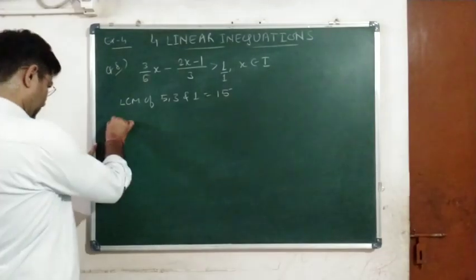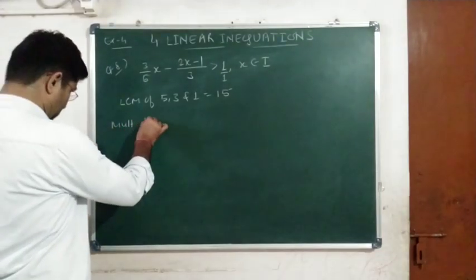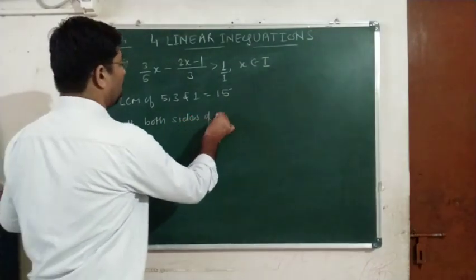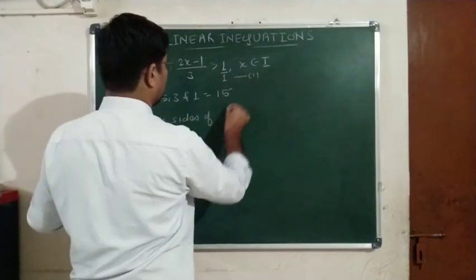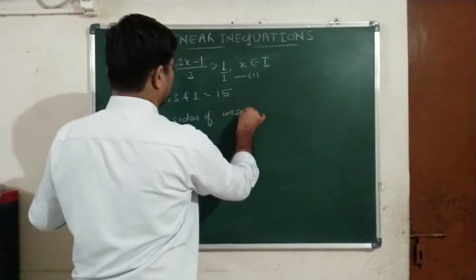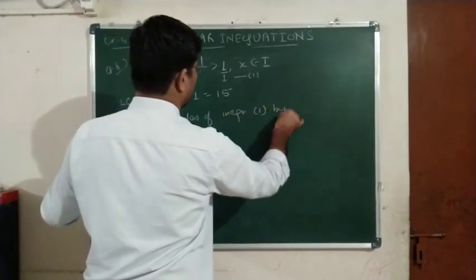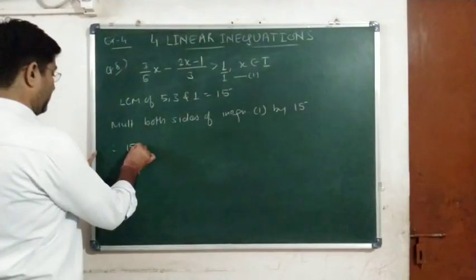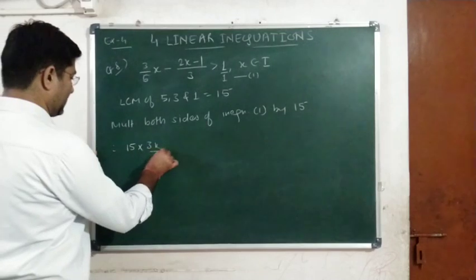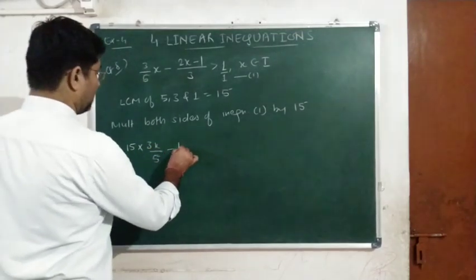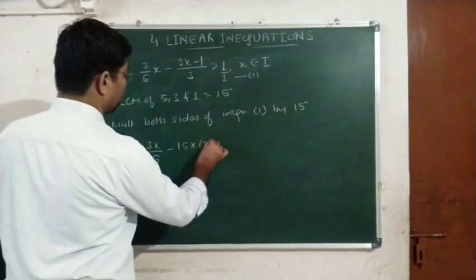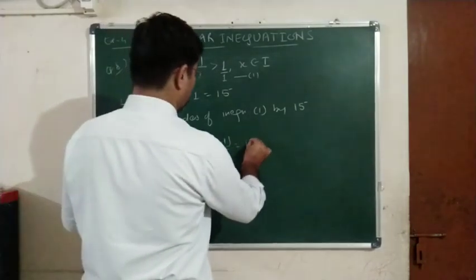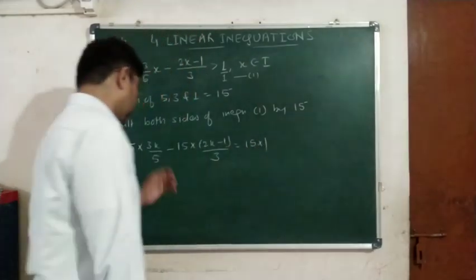Now, multiplying both sides of inequation 1 by 15: 15 into 3x upon 5 minus 15 into (2x minus 1) upon 3 is greater than 15 into 1.